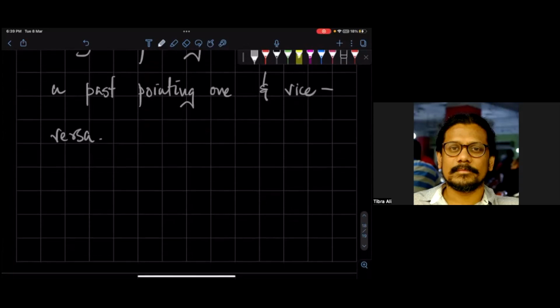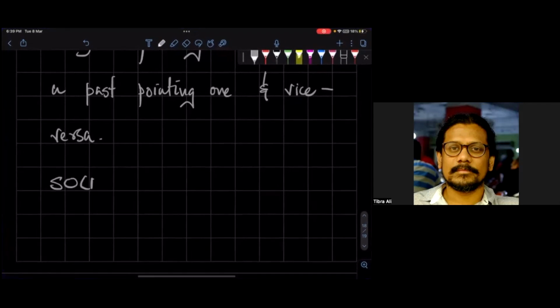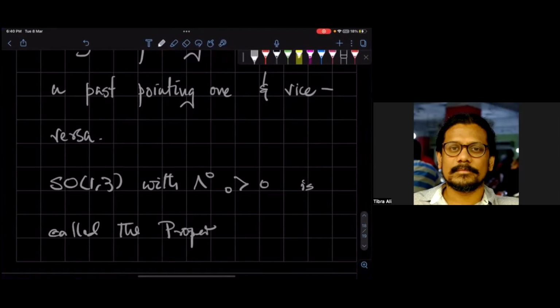So this part of the Lorentz transformation, SO(1,3) with lambda 0,0 greater than 0, is called the proper orthochronous Lorentz group. The proper relates to the fact that it has determinant equal to 1.